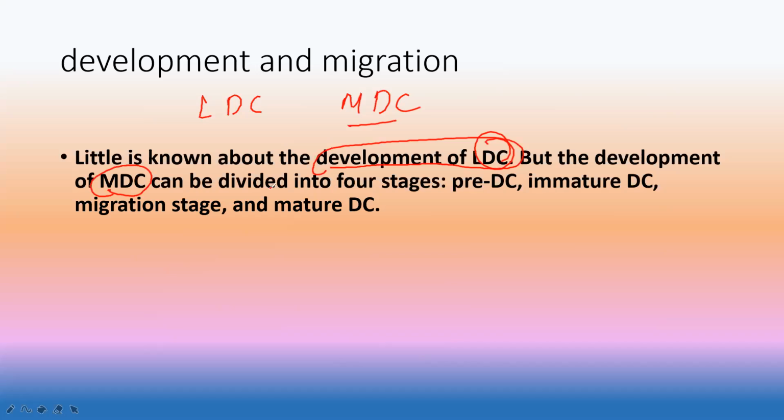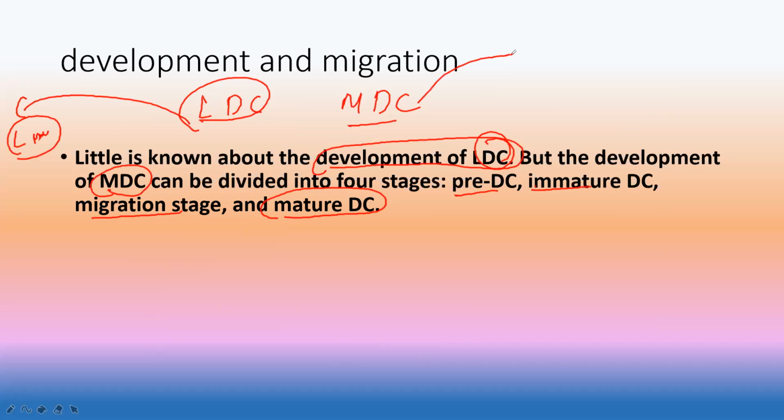Myeloid cells go through a pre-dendritic cell, immature dendritic cell stage, then in the migration stage they migrate to the tissue and become mature. Lymphoid dendritic cells are produced from bone marrow and move to the lymph node and neighboring structures. Myeloid ones come from bone marrow and move to the tissue.